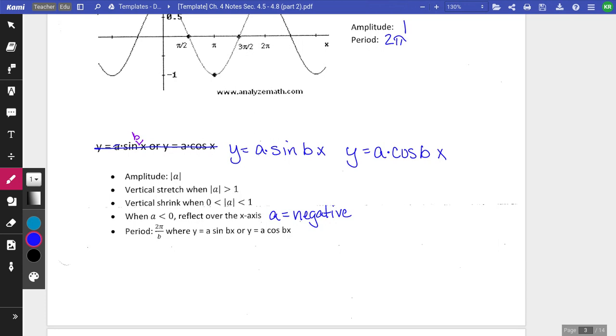Then b: this value of b affects the period. The period is how big of a piece of the graph you need to see before it starts to repeat. For sine and cosine, the periods are 2 pi. So taking that value divided by b will determine what the period is.